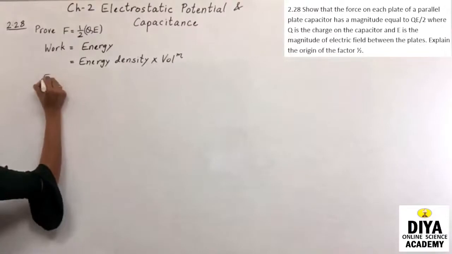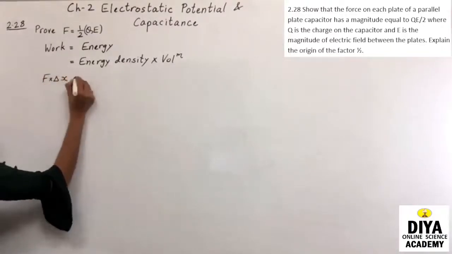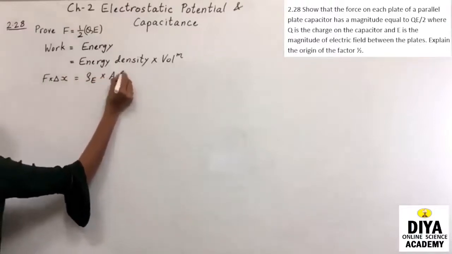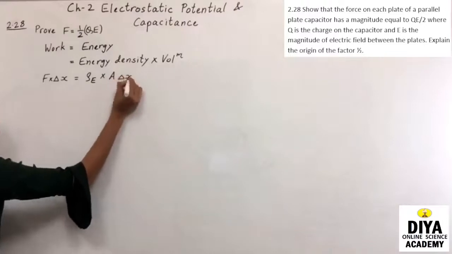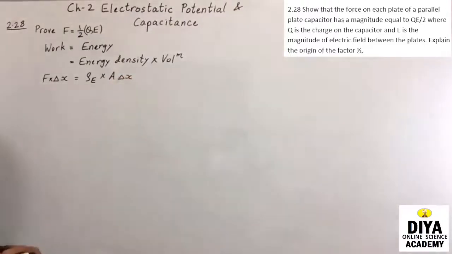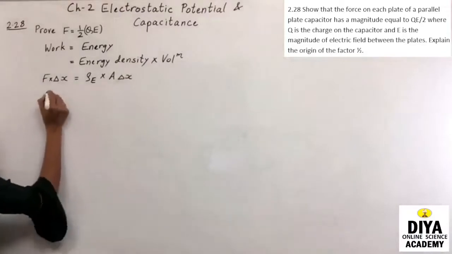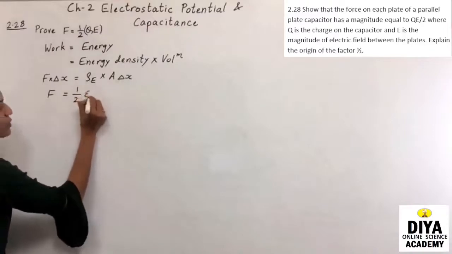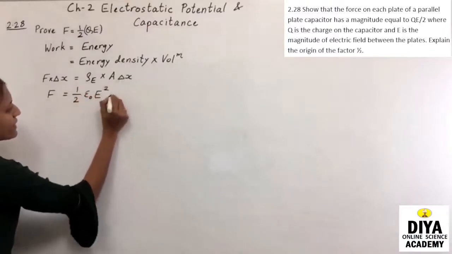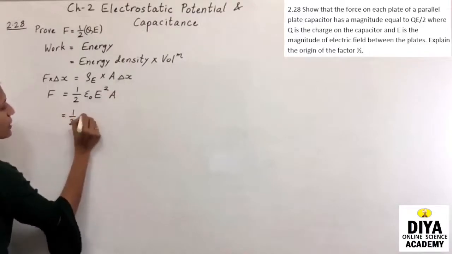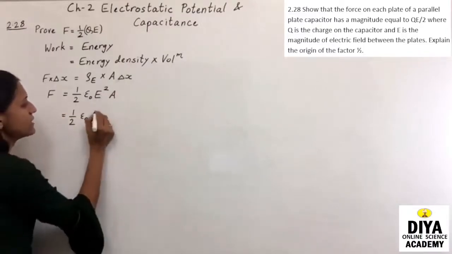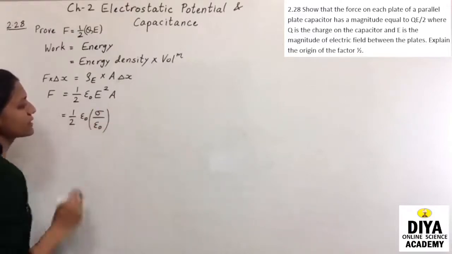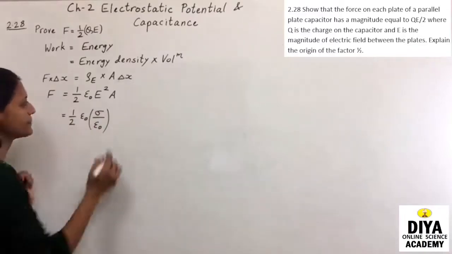So now work done equals to force into displacement. Energy is rho E into AD, or A into, here delta x has been taken. So delta x will get cancelled out. So now we have F only. In place of rho E we can write 1 by 2 epsilon 0 E square, and A is there. Now from this two E squares, 1 E will be written as sigma by epsilon 0, electric field for parallel plate.